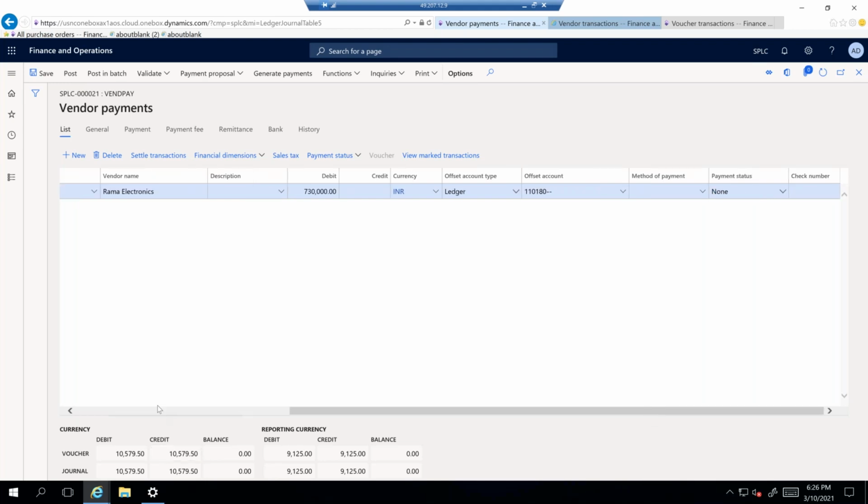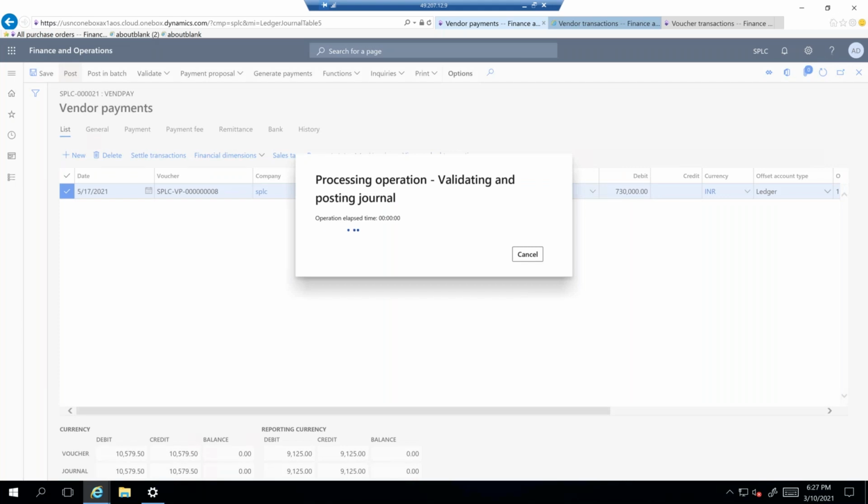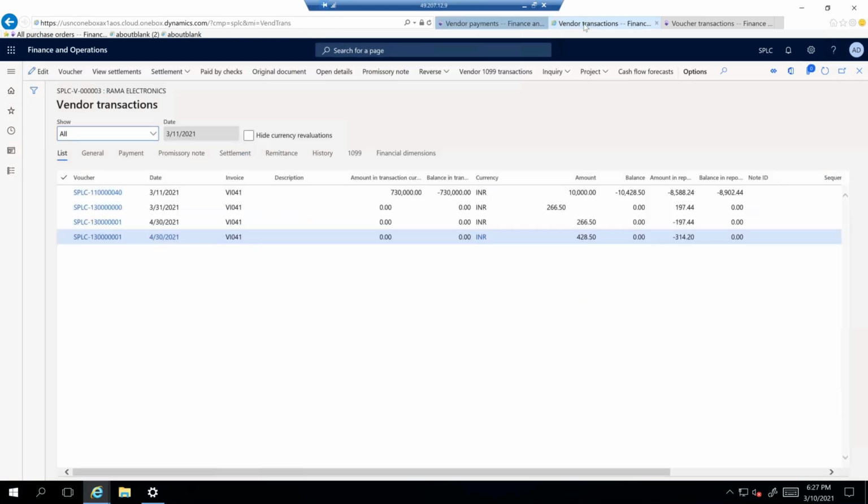I'm doing payment. Now payment is completed. If you verify the vendor transactions, refresh, this will be reversed.